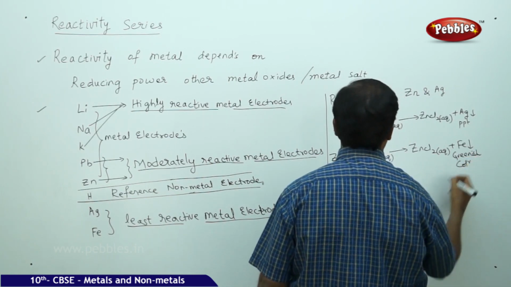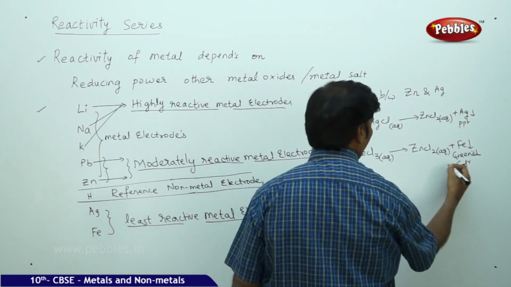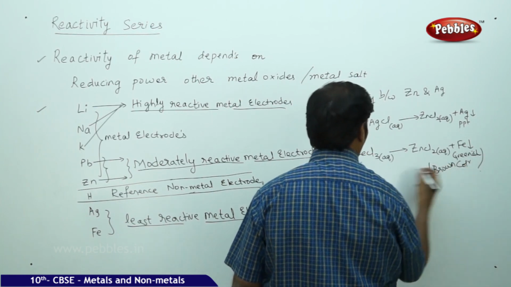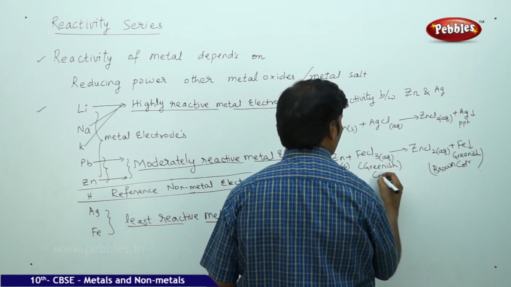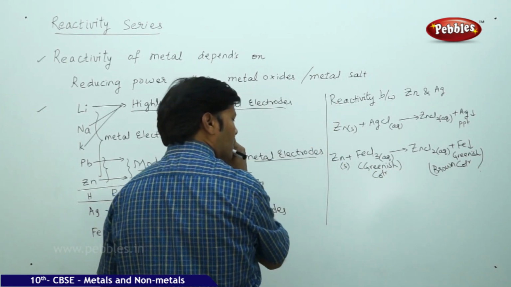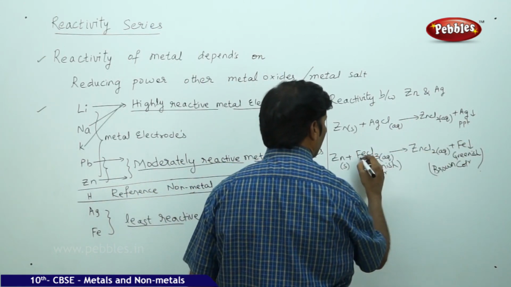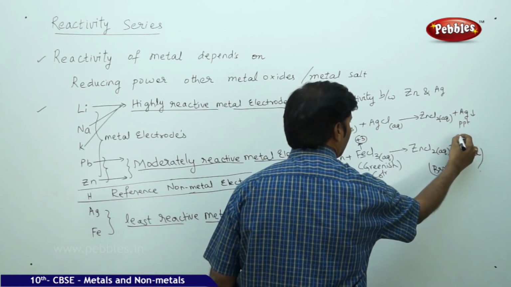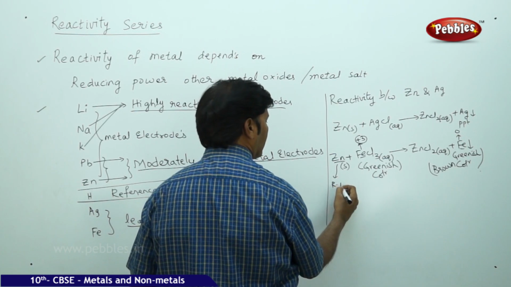Ferric chloride is greenish brown in color, and this is greenish in color. So that means here zinc is able to reduce the ferric chloride to iron. In FeCl3 iron is in the +3 oxidation state, and here iron is 0. So zinc is acting as a reducing agent.